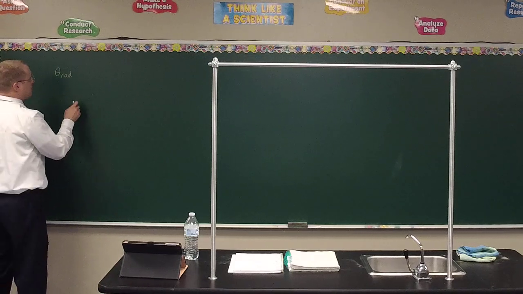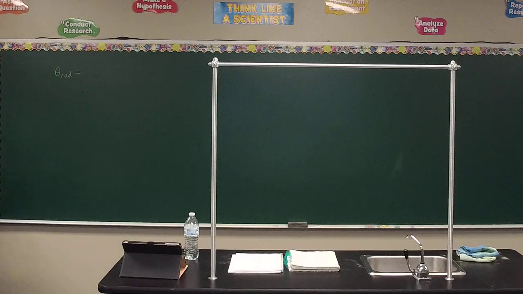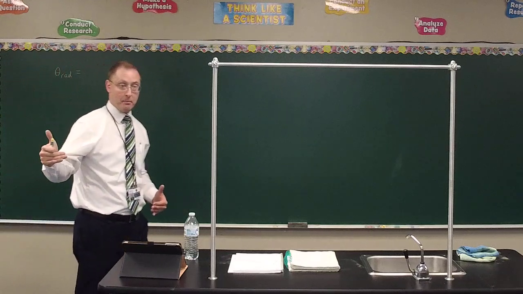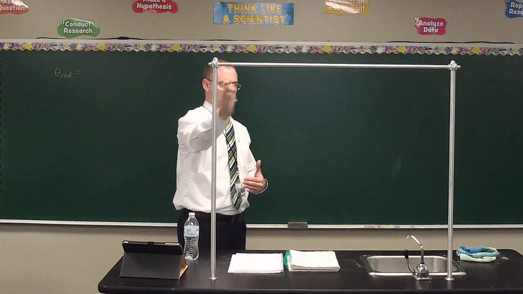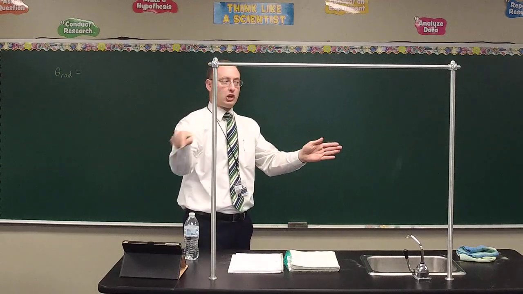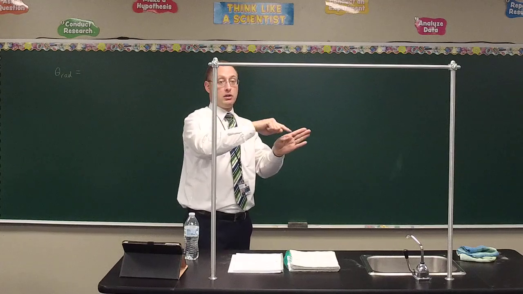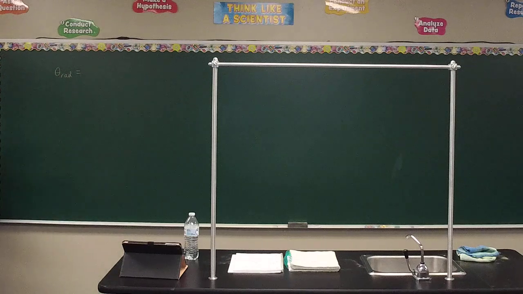So theta rad. And we said one way in which you could find the amount of displacement would be to look at any point along the rim of the object and measure from one point to the next point along that arc, and you could compare the arc length to the radius.